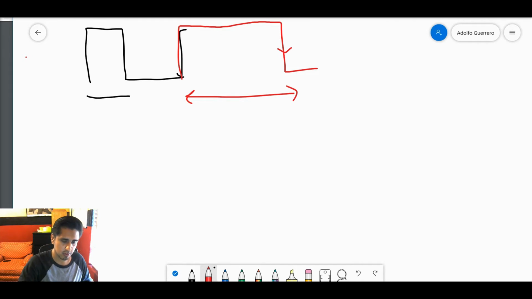So this is where the timer comes in. First, I'm going to present what we could do. We could use only one timer to generate the trigger signal.